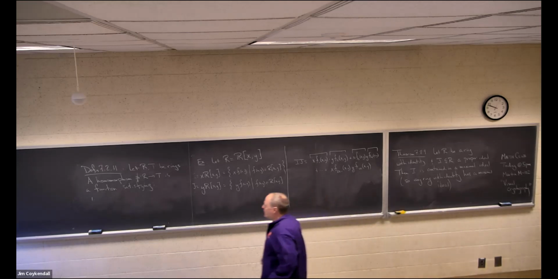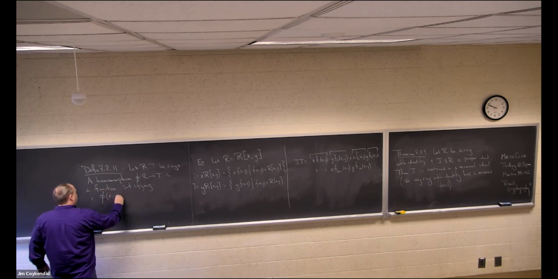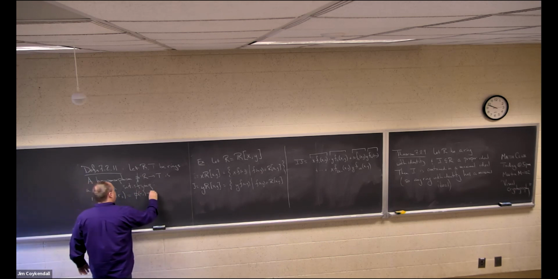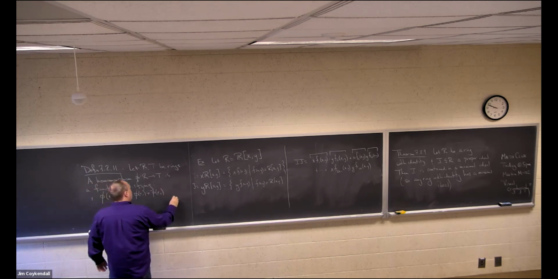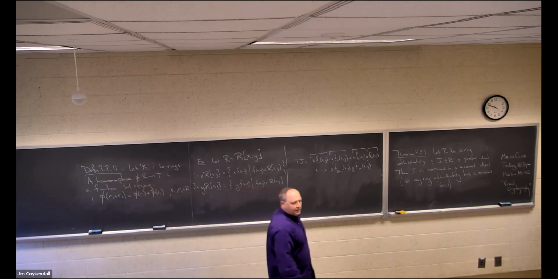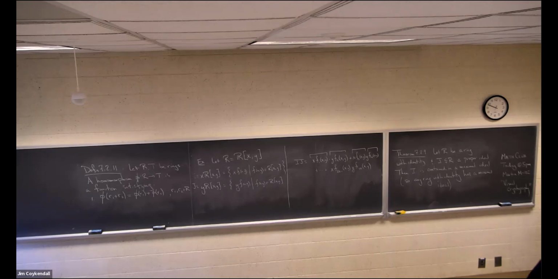So first thing, phi of R1 plus R2 is phi of R1 plus phi of R2, for all R1, R2. And folks, all that means is, remember, R under addition is an abelian group. So all this first statement says is, hey, it better be an abelian group homomorphism, right?